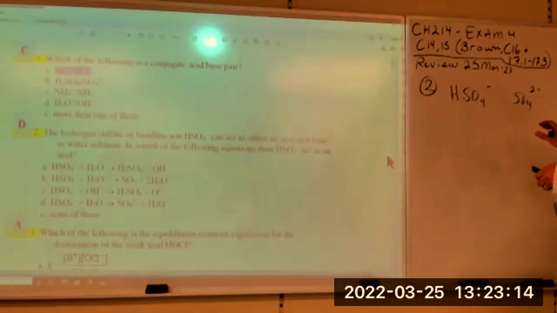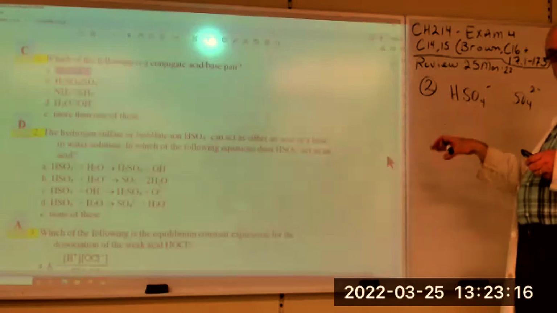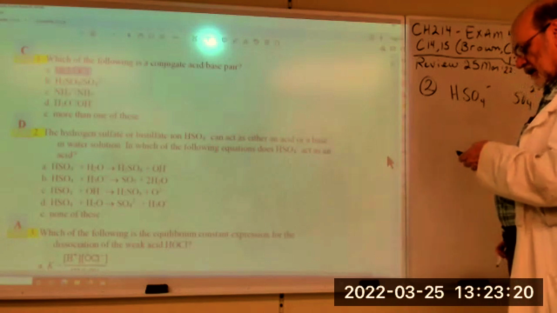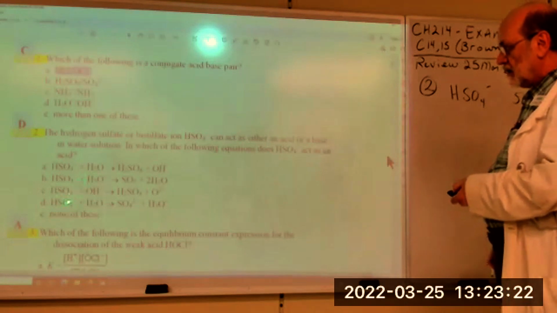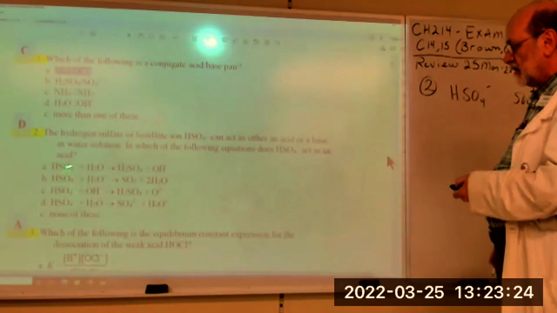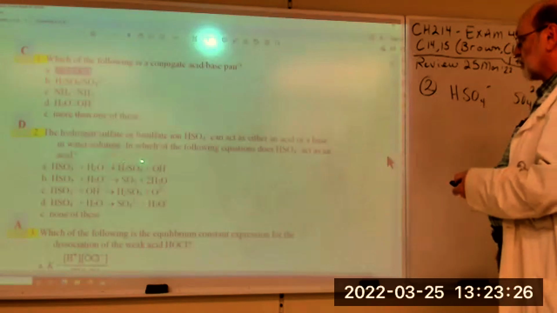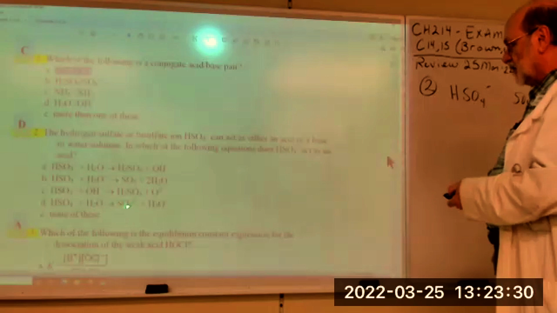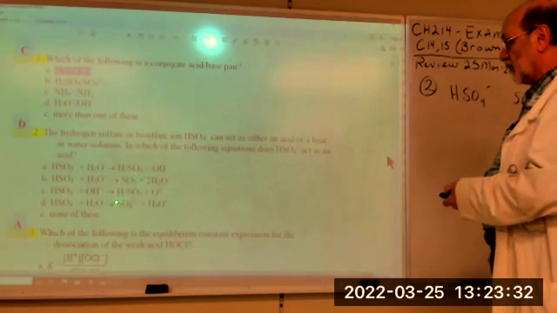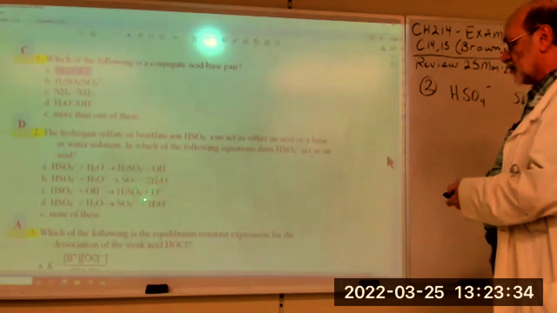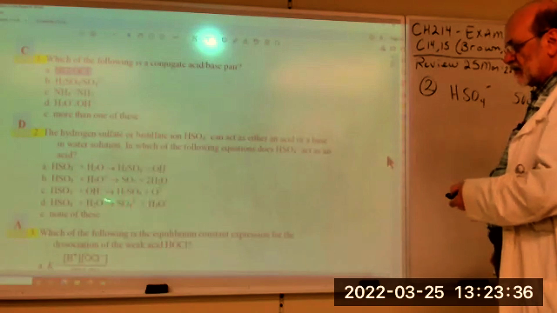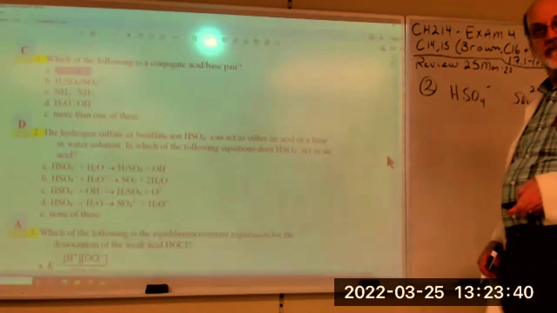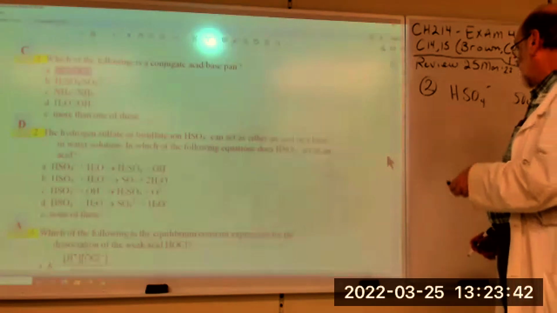And then it's got to have a base to accept the proton. So if we start out with, looks like they're all the same, and then SO4 2 minus here, that's the only one. None of the others satisfy. Let's see if the rest of it works. Water accepts the proton and becomes hydronium. That's it. So D is the answer for 2.